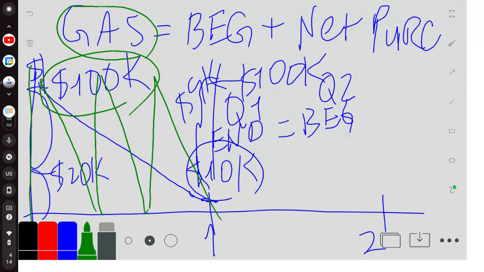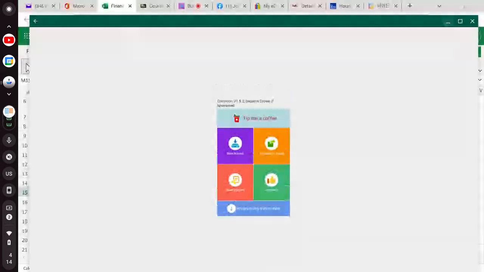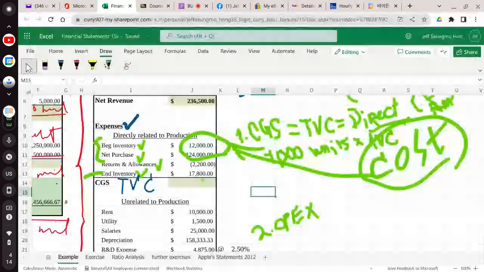Think about it. Think logically. You have merchandise to sell, so what should happen next? CGS. Yes, sold is the cost side.